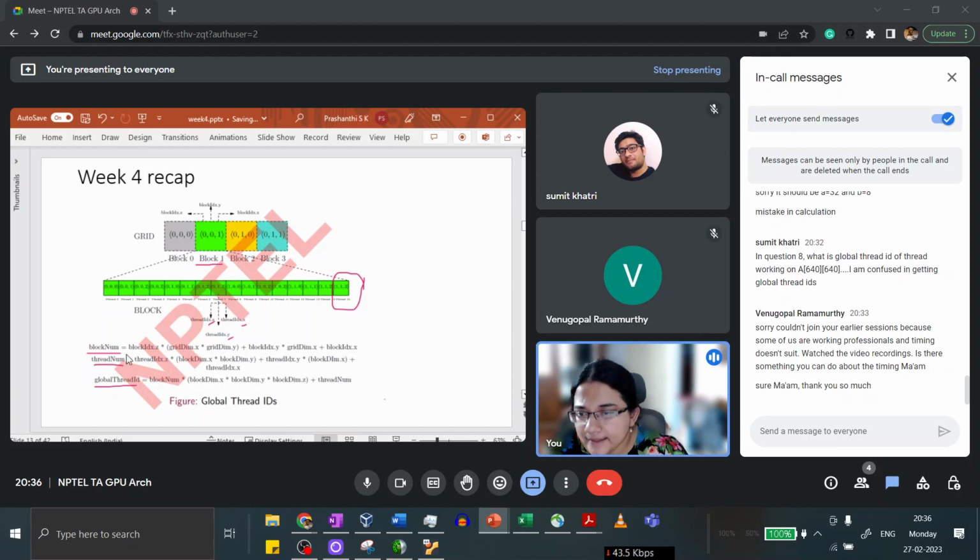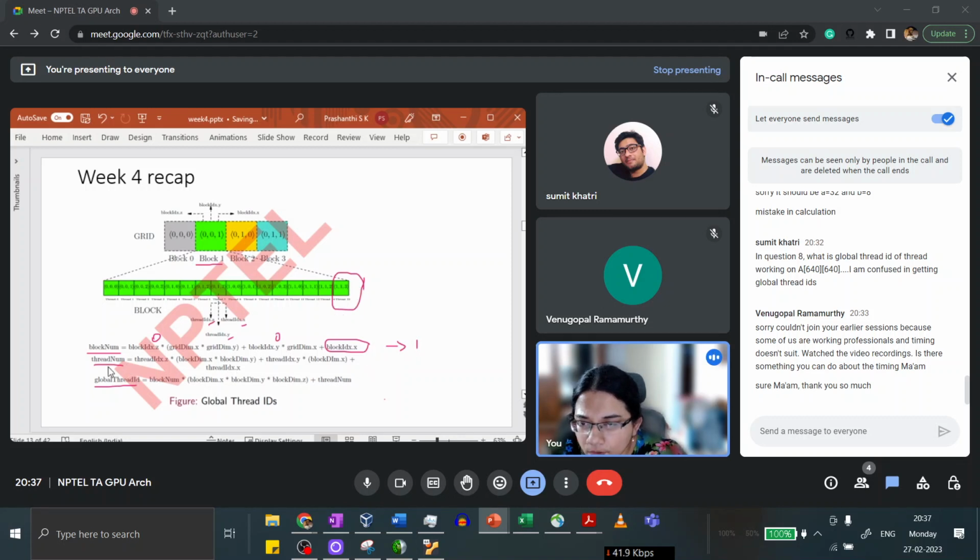Let's try and compute the block number. So for which you'll try to substitute the block ID dot z, y and x into this equation. So the z and y are zeros, right? So straight away this part of it gets eliminated. You are left with just block ID dot x, which is 1. So from here we get that the block number is 1 for this particular block.